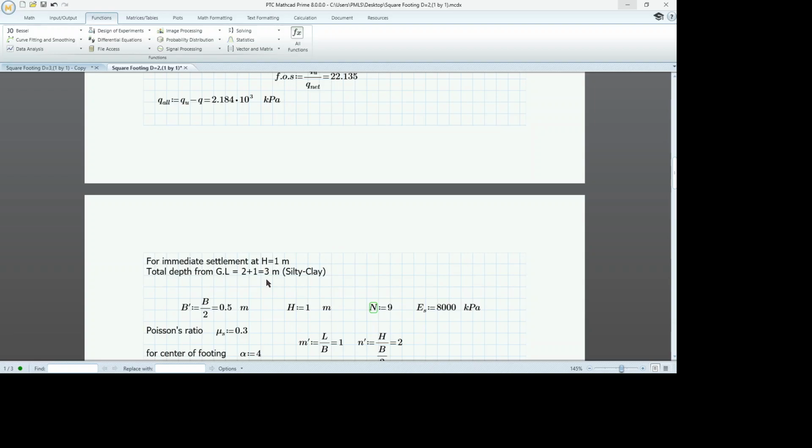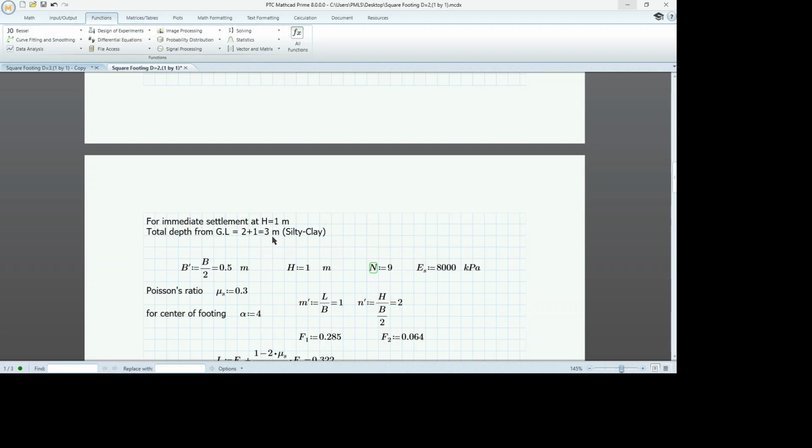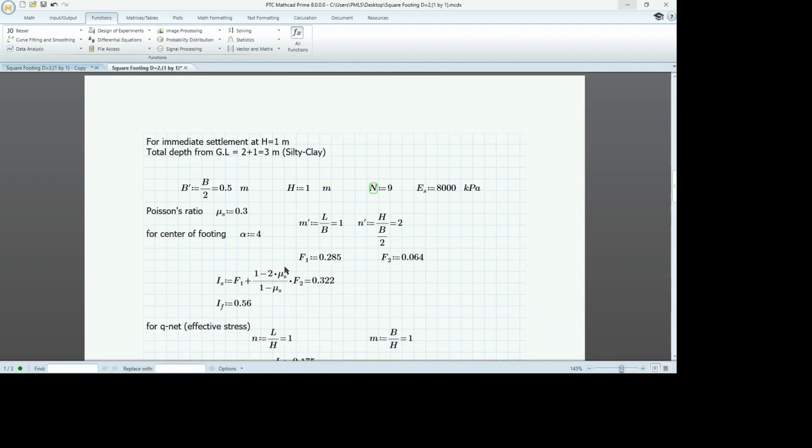As it was selected, H is equal to 1. So the depth of that layer from the ground level becomes 2 plus 1. 2 here is the depth of the foundation, and 1 is H, becoming equal to 3 meter from the ground level. At that 3 meter we have silty clay, so we use that method to find out the settlement. B prime, this H is equal to 1 meter, and the 3 meter soil layer has an SPT-N value of 9.